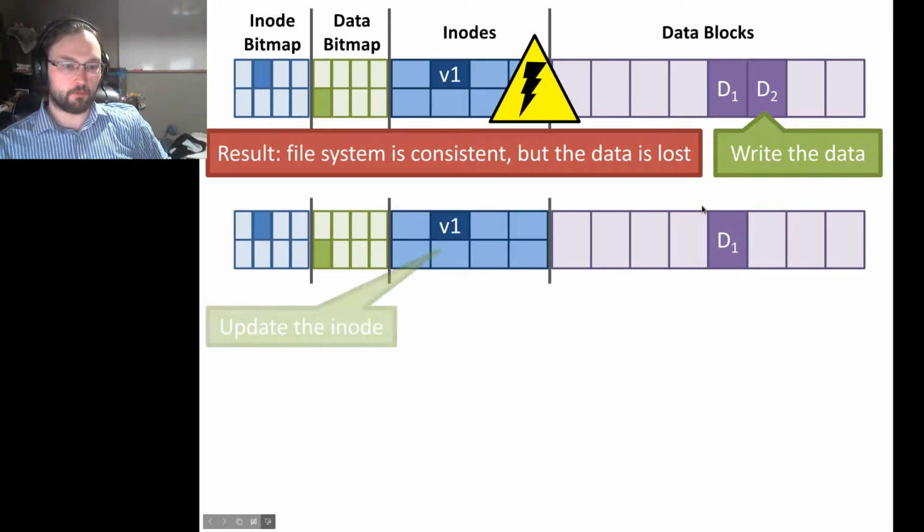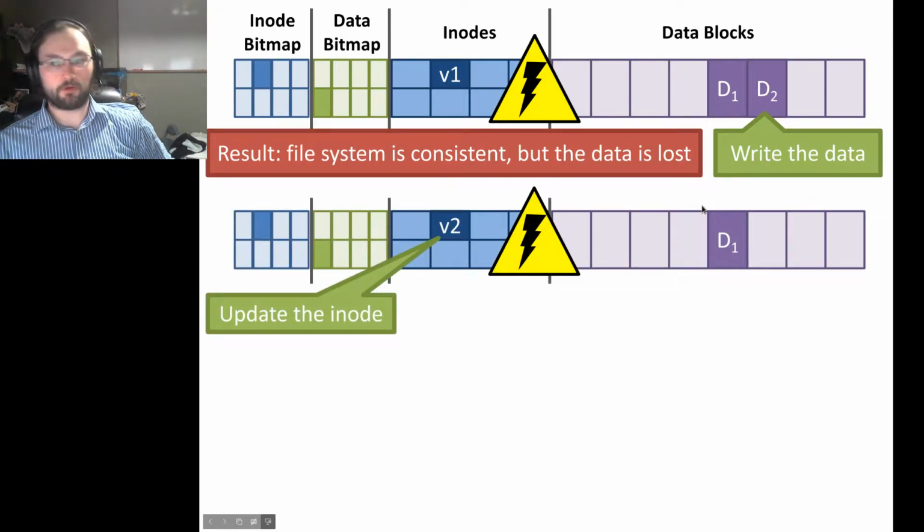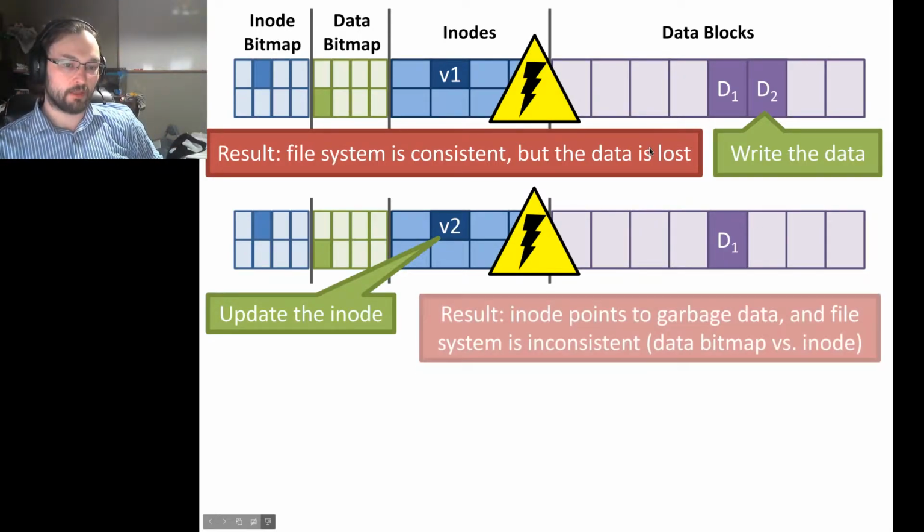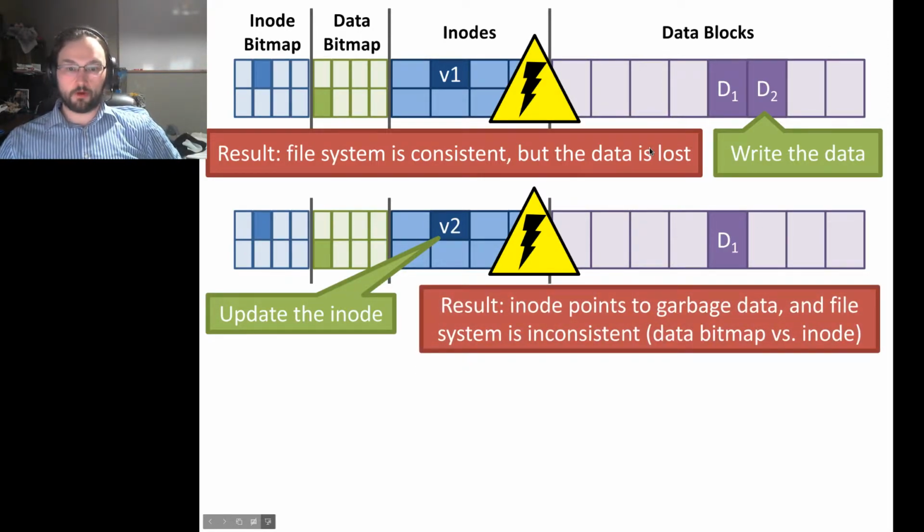Here's another possibility. We are going to update the inode, and then we crash. Think about this one for a second. Is this one worse than the other one, or is it the same? Not a big deal? So this is sort of horrifying. So the inode is updated, which means it thinks it owns an additional block of data.